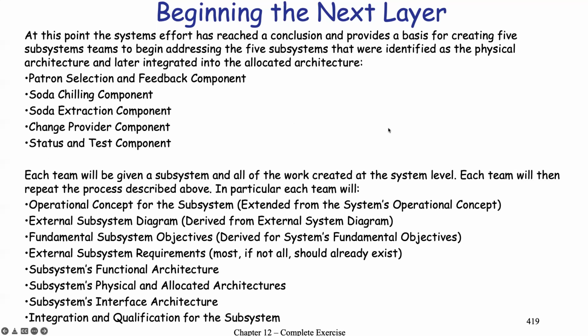Each team will then repeat the process described above. They'll have to come up with an operational concept, internal subsystem diagram, fundamental subsystem objectives, external requirements, subsystem functional architecture, physical and allocated architecture, interface architecture, and integration and qualification for the subsystem.